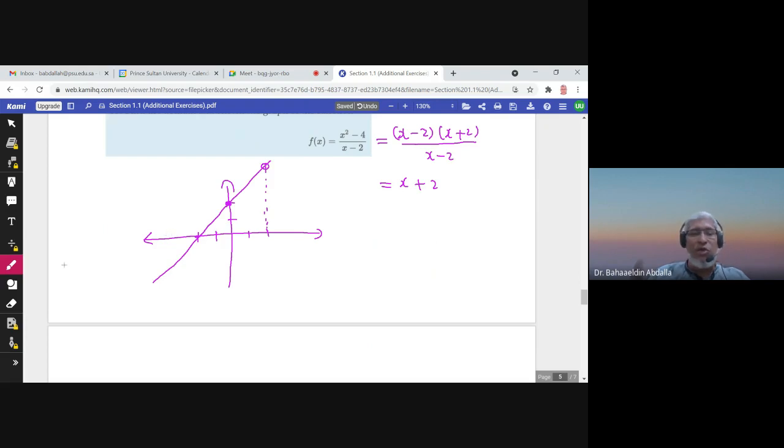Okay, so this circle is open. So the graph of this function is the same as the graph of this line everywhere, except when x is 2, it is not defined. And that's why these two functions are not equal, because they are different when x is 2.